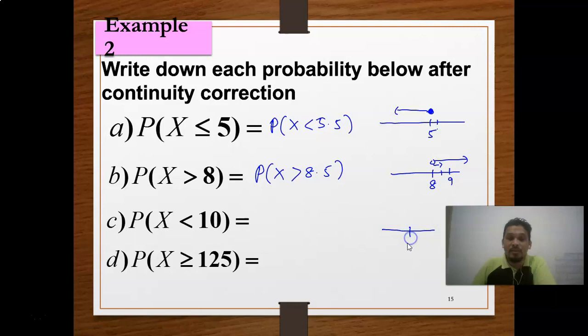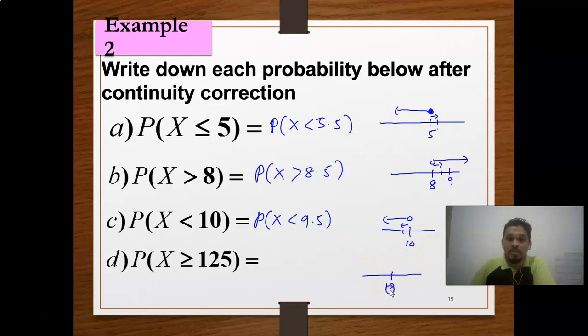And this one, x less than 10. Just now it begins with equal to 5, so we take 0.5 step to the right. And for this one, it does not include 10, so we take 0.5 step to the left. So it is probability of x less than 10 minus 0.5, 9.5.